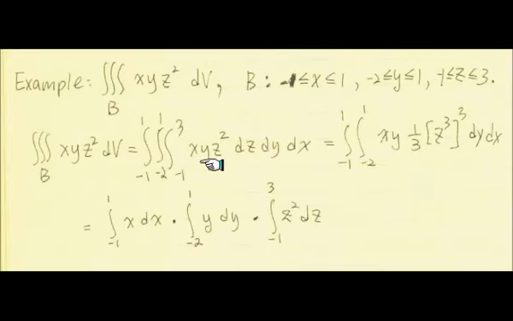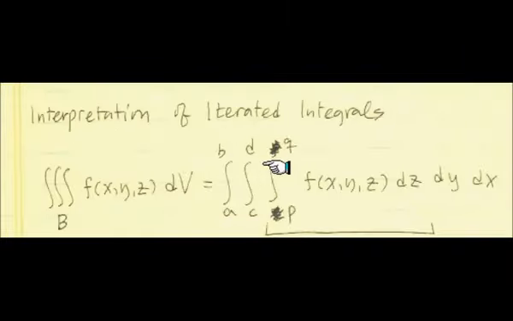So they look like this: x and y and z all separated over these limits. These are absolute constants. So the total mass will be this quantity here, the product of these three quantities. Okay, so that's how you turn the triple integral into an iterated integral.